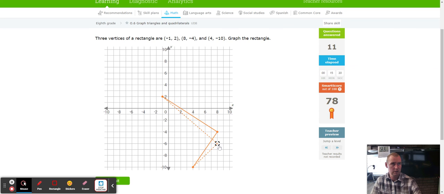So we can go down 1, 2, 3, 4, 5, 6 to the left 1, 2, 3, 4. So down 6 to the left 4. Here we go. 1, 2, 3, 4, 5, 6, and to the left 4. 1, 2, 3, and 4. That we know right there is exact.